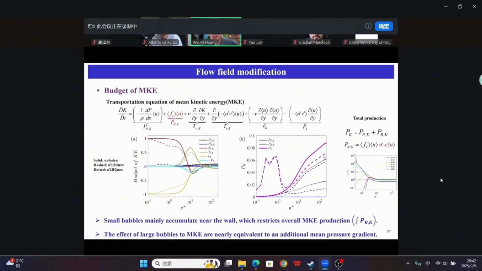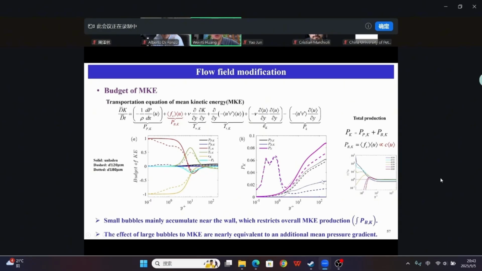But because the volume fraction is the same, in the outer region the bubble is reduced. Then the buoyancy force on the flow is actually reduced. As a whole effect, the work done on the mean flow is reduced for the small bubble. But for the larger bubble, the near wall concentration is low, so for the whole field it works like a pressure gradient force.